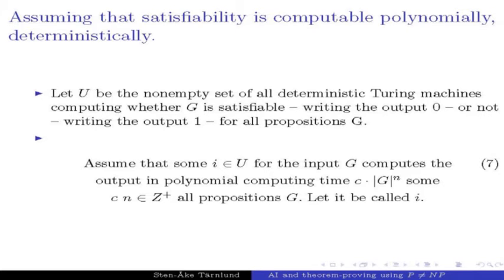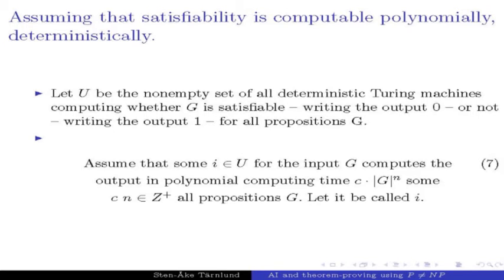So we assume, for the sake of our argument, we make a big assumption here. We assume that there is a deterministic Turing machine, and we call it I. The kind of work it does is that it takes a propositional formula as input, and it computes the output. And it does that in polynomial computing time.